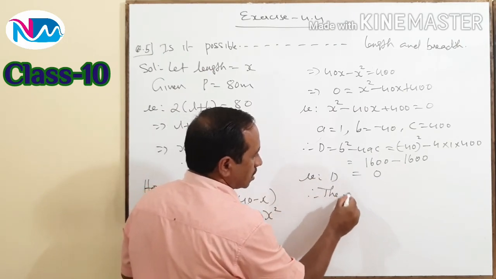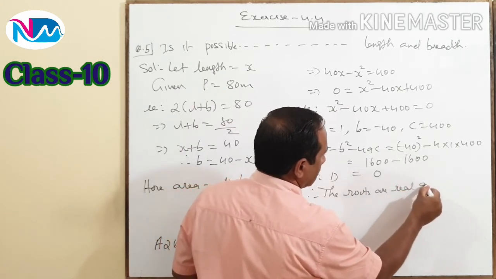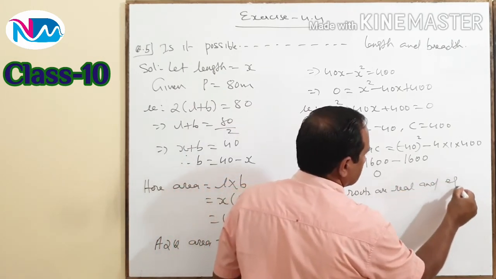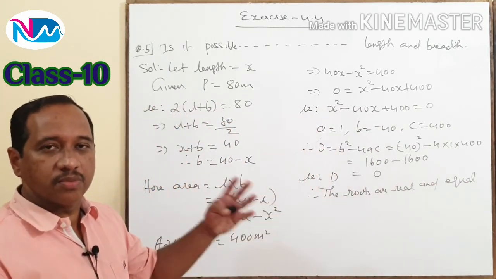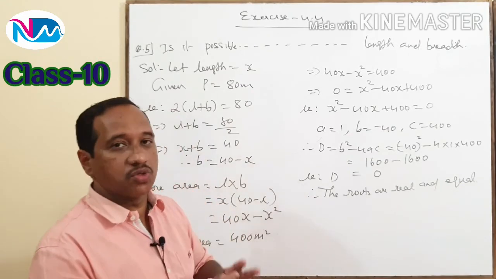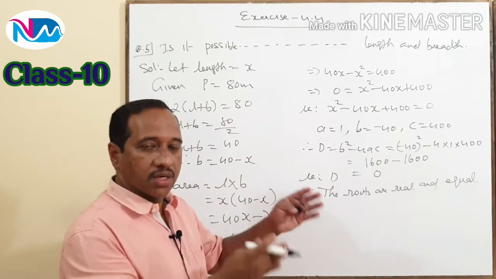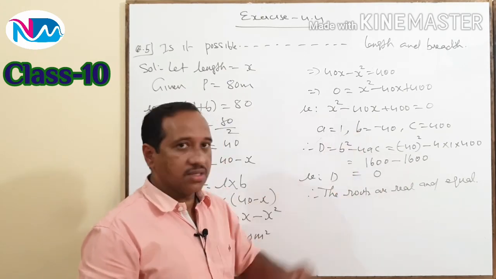Therefore, the roots are real and equal. If the roots are real, then it means that this rectangular park is possible to design. Now we are going to find the length and breadth by solving the quadratic equation.